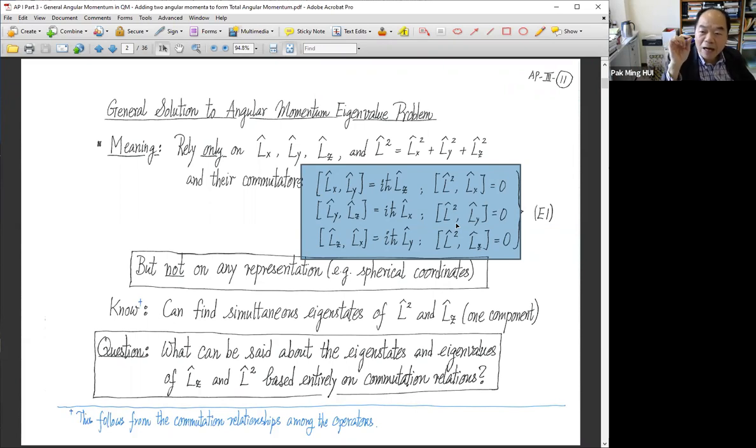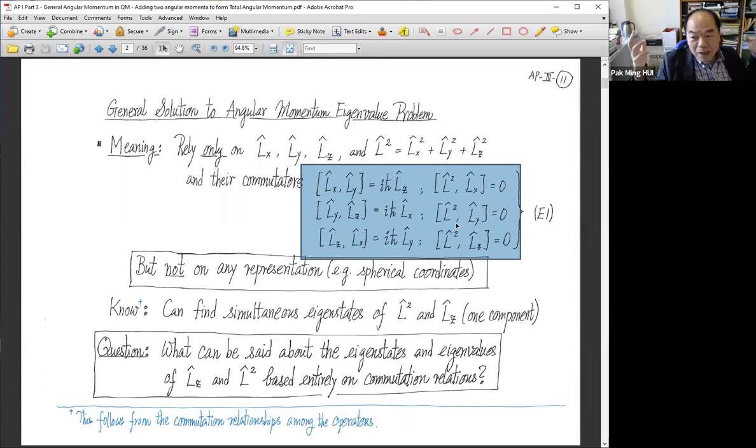Meaning, if you find a vector, it has 3 components, it has a magnitude, these 4 things obey this set of commutation relations, we will broadly define that as an angular momentum. Then we ask, based on these 6 relations alone, what will be the allowed, the possible eigenvalues of Lz and L squared? Okay, so this is the question we will discuss next Tuesday.